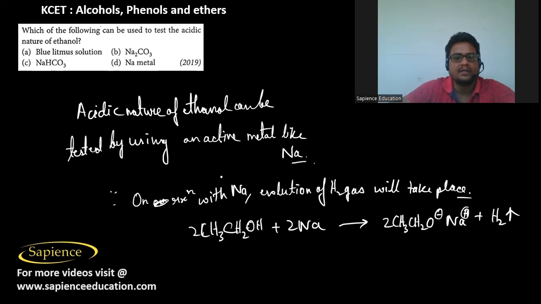So hence the sodium metal can be used to test the acidic nature of ethanol. So option D is the correct answer.